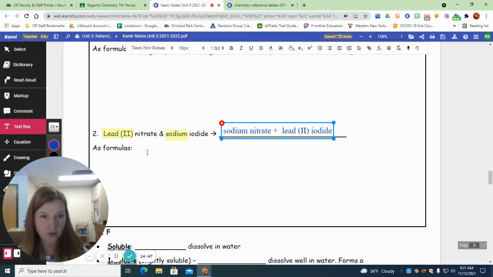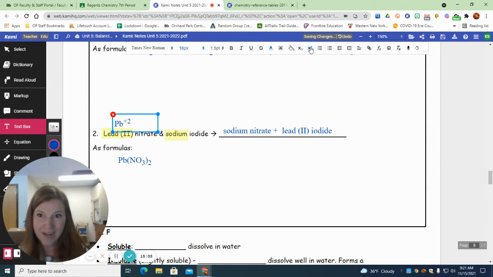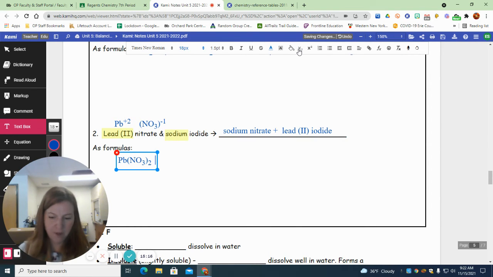Okay, so as formulas, lead 2 nitrate is going to be Pb, that's lead, NO3, 2. How do I know that? Because lead is Pb, the Roman numeral tells me it's a +2. Nitrate is a polyatomic ion. It is NO3, and nitrate has a -1. Okay. So then that is combining with sodium iodide, which is NaI.